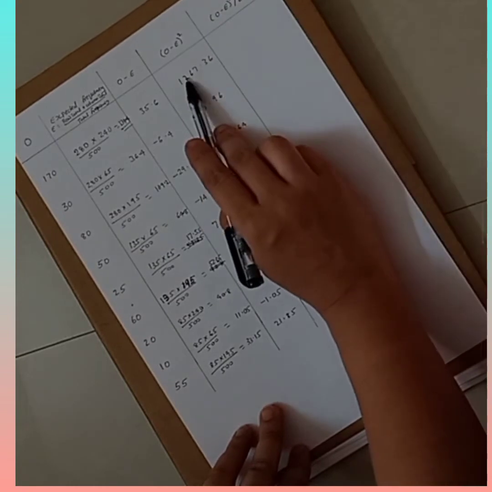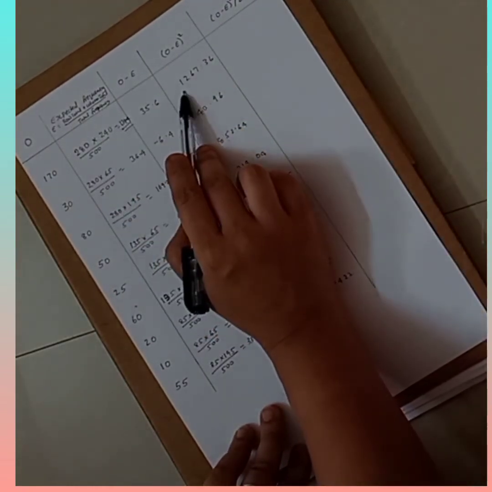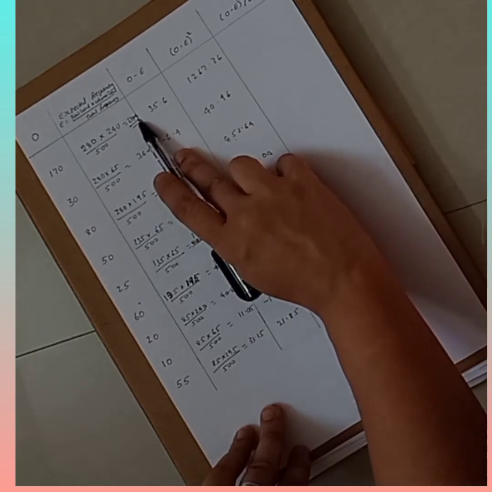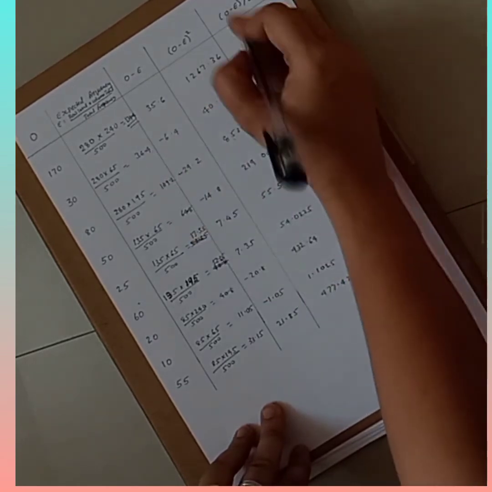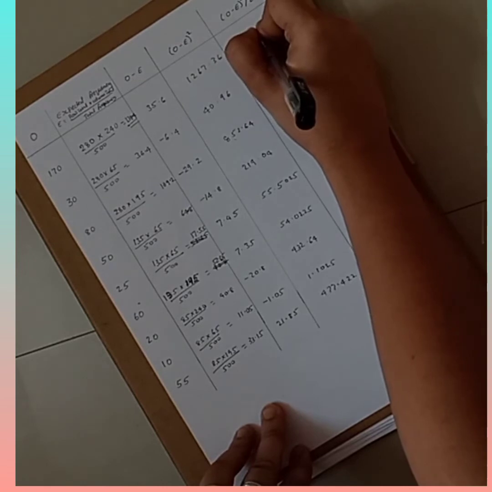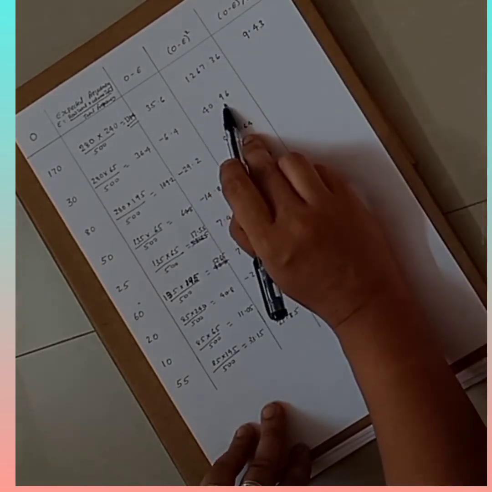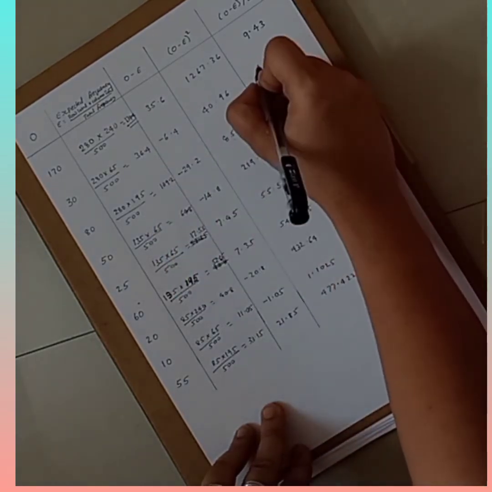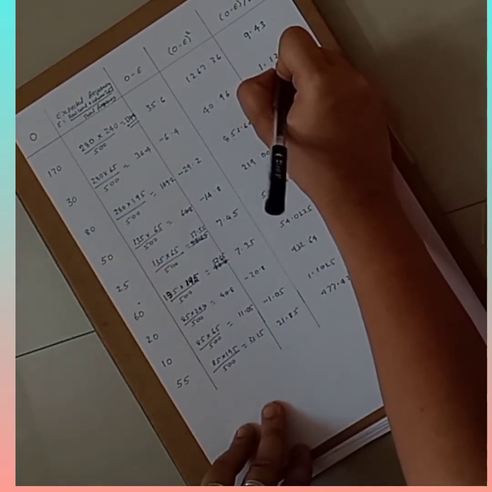Now again you have to divide these by the expected frequency. 1267.36 divided by 134.4 will give you 9.43. Again 40.96 divided by 36.4 will give you 1.1253.